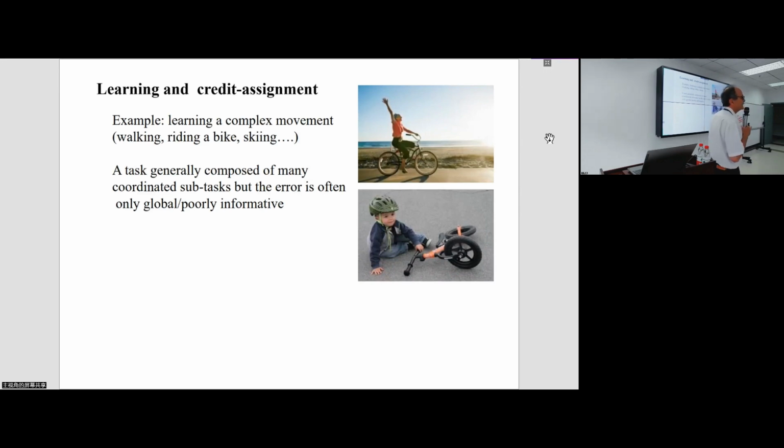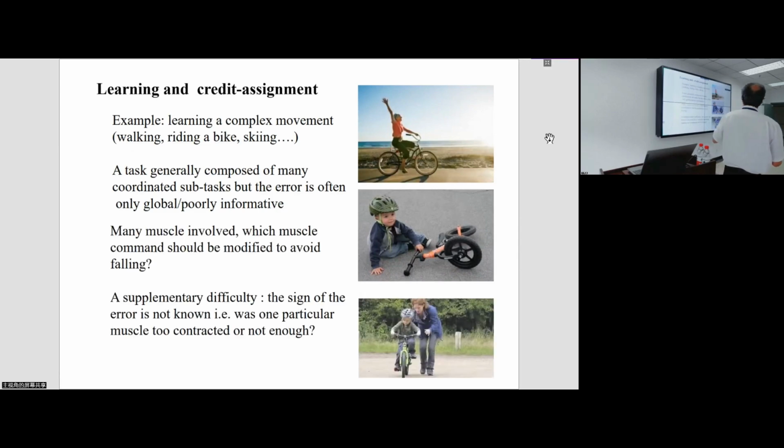Basically, what you obtain is that either you fall or you don't fall. So you have some global errors from the proprioceptive system, but it doesn't tell you, in substance, which muscle should be more contracted, what you should do to avoid falling.